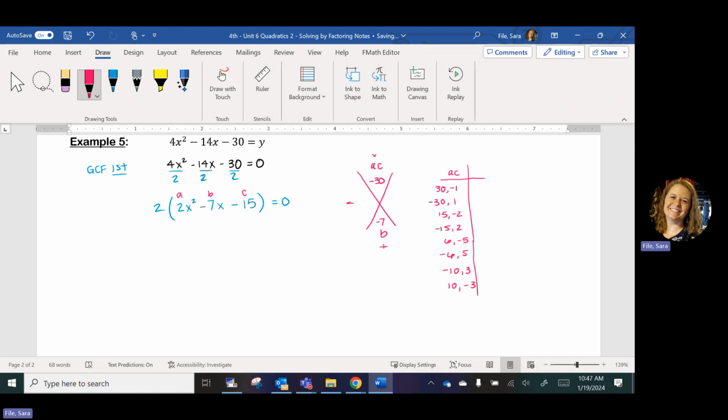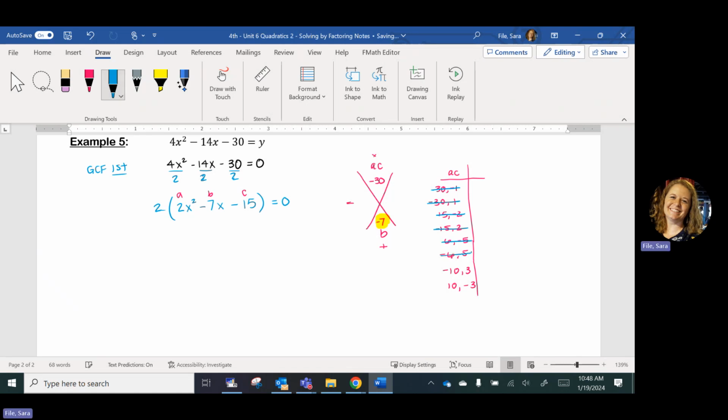All right, so now we're looking for which set of those factors adds to negative 7. So let's go through. Negative 30 and 1, definitely not. 15 and 2, definitely not. What about 6 and 5?